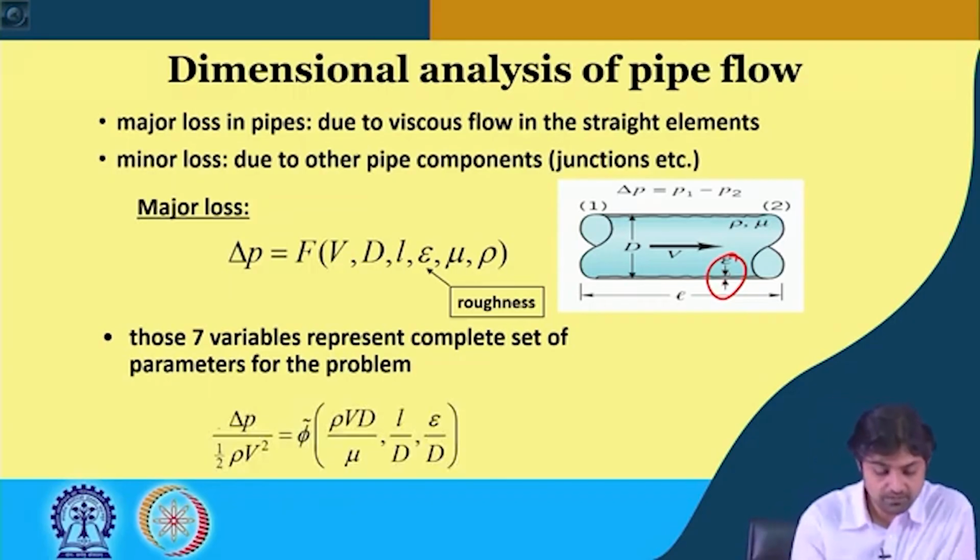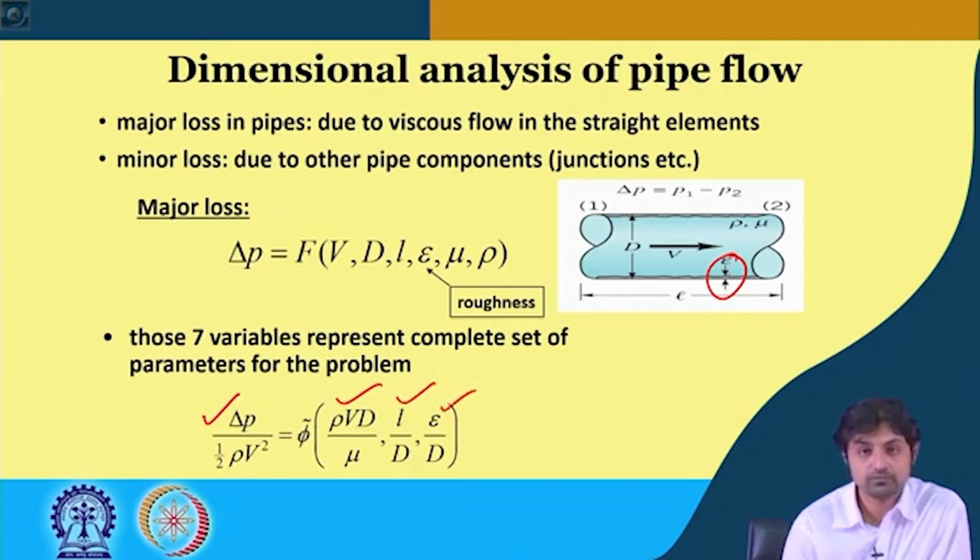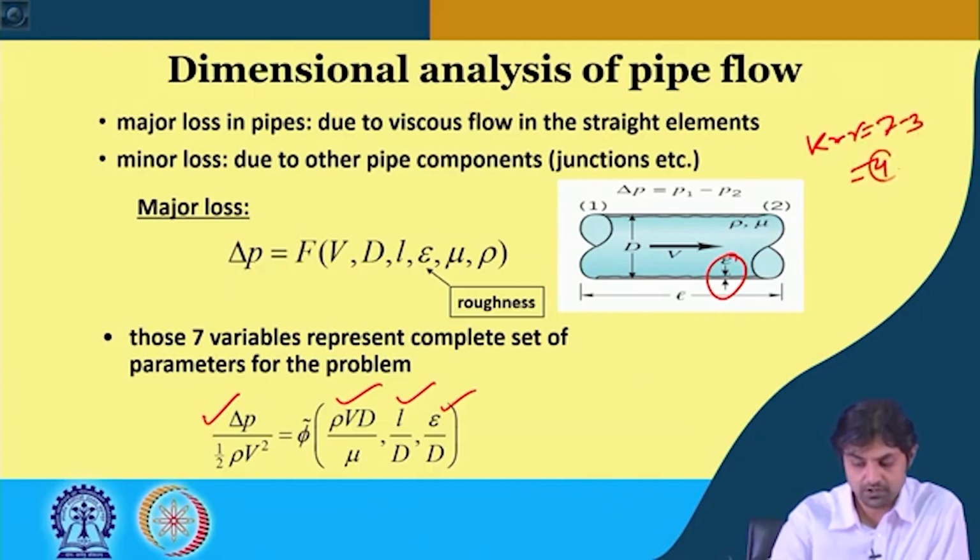We will get 1st dimensionless term, 2nd, 3rd and 4th. All right, as we said, k minus r, 7 minus 3, 4 dimensionless terms.